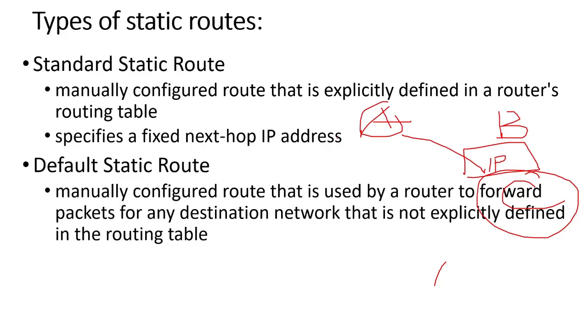A default static route is a manually configured route that is used by a router to forward packets for any destination that is not explicitly defined in the routing table. So let's say A needs a connection from A to B, but it is not found in its routing table.